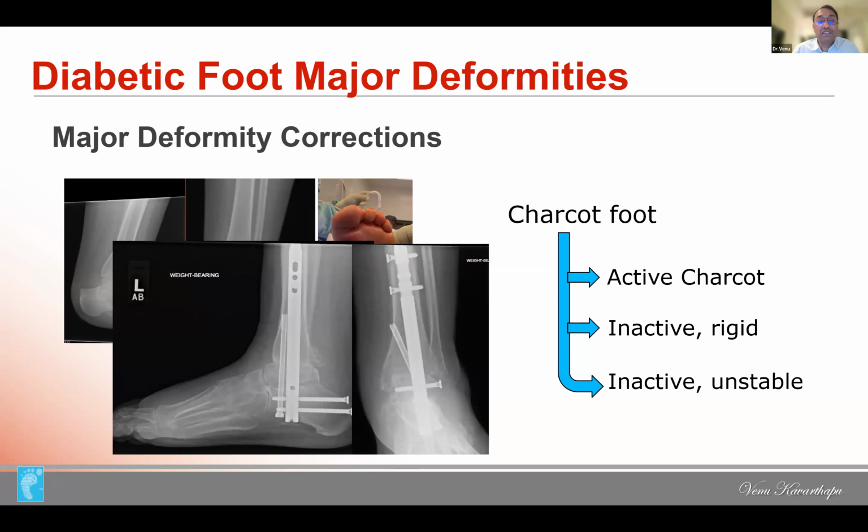And we have published all these surgical techniques and the outcomes, including the rates of unions and metalwork failure.